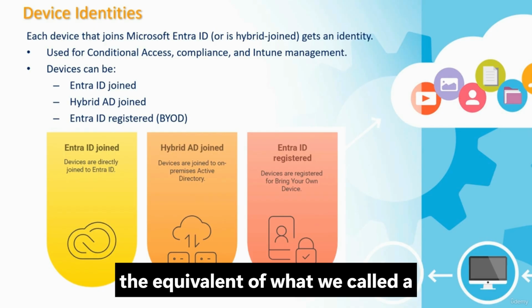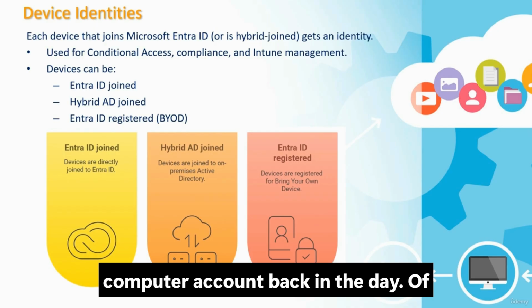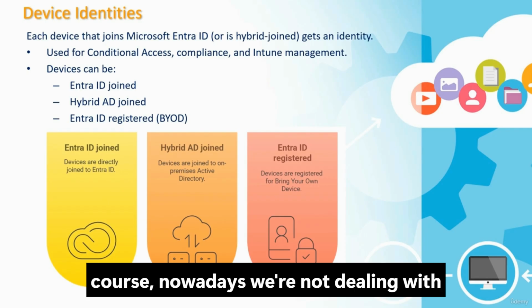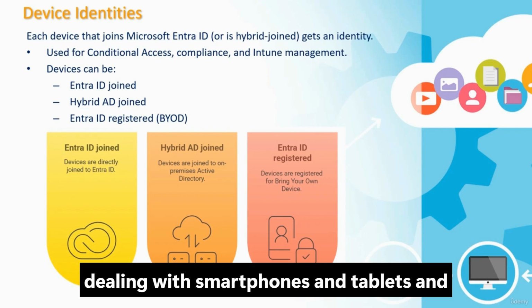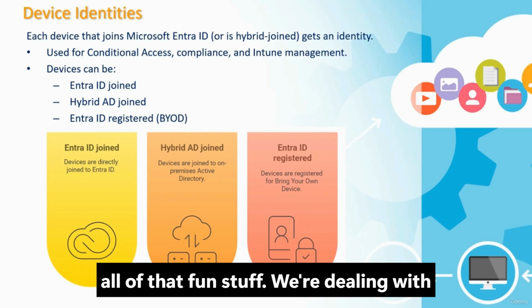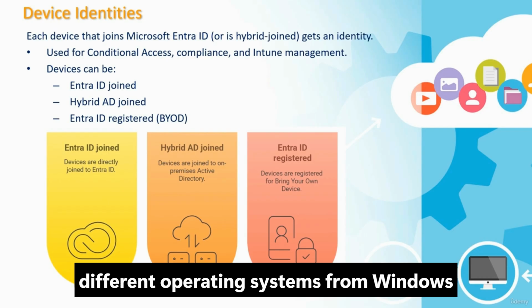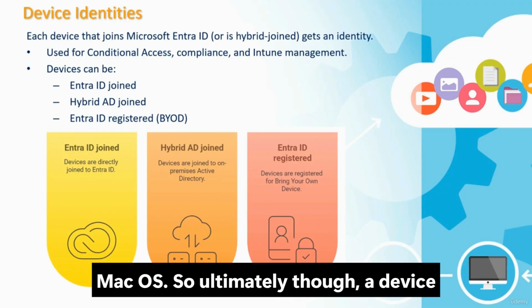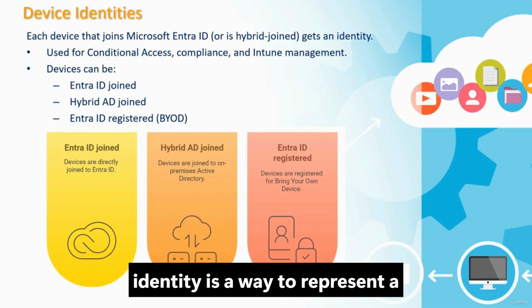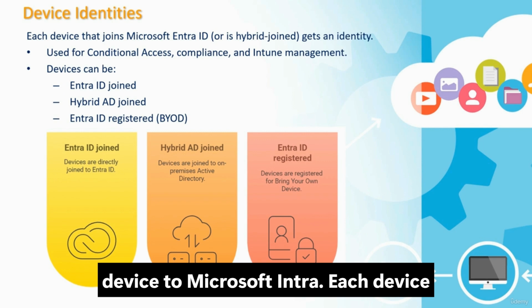Okay. And last up, we have device identities. So this would be the equivalent of what we called a computer account back in the day. Of course, nowadays, we're not dealing with just desktop computers and laptops. We're dealing with smartphones and tablets and all of that fun stuff. We're dealing with different operating systems from Windows to iOS, Android, Linux, macOS, all of that. So ultimately, a device identity is a way to represent a device to Microsoft Entra.